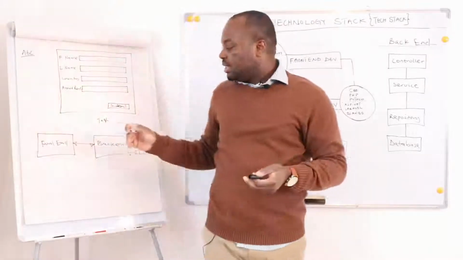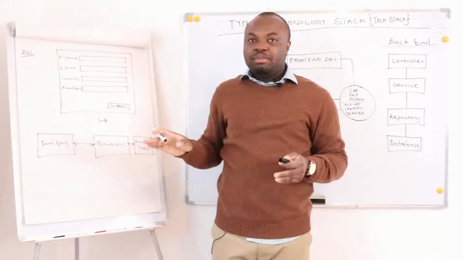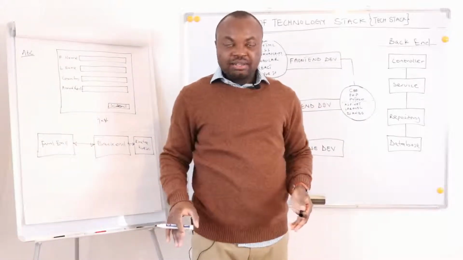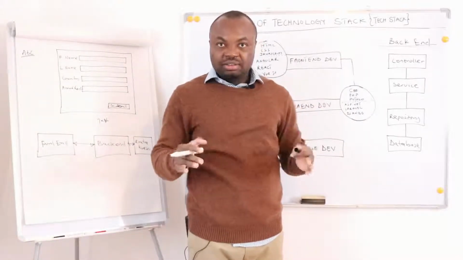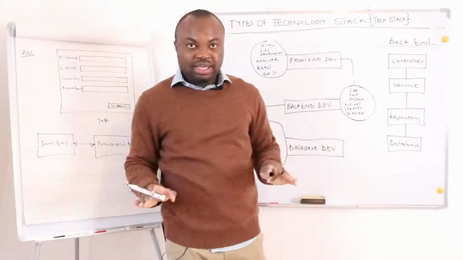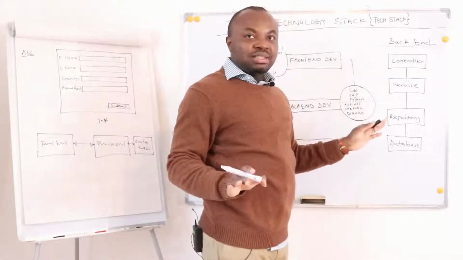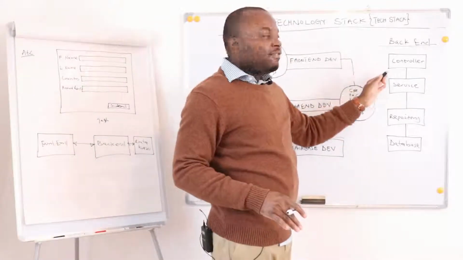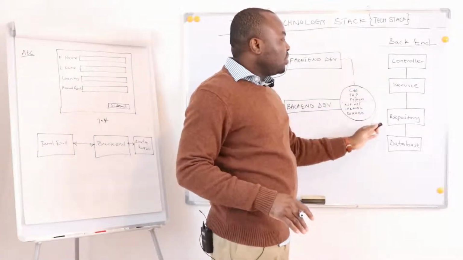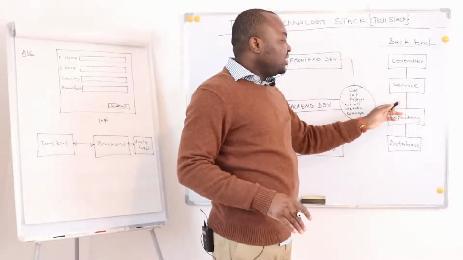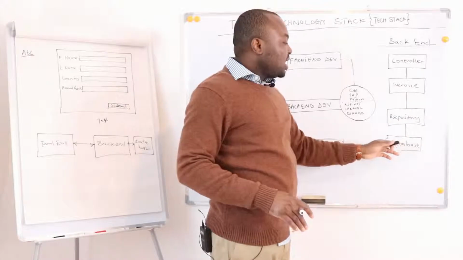Within the back end, there are so many architectures, so many ways you can structure your backend. But personally, I use the domain-driven development methodology to structure my backend. To make things a bit simpler, I have four components of the backend: the controller, the service, the repository, and the database.